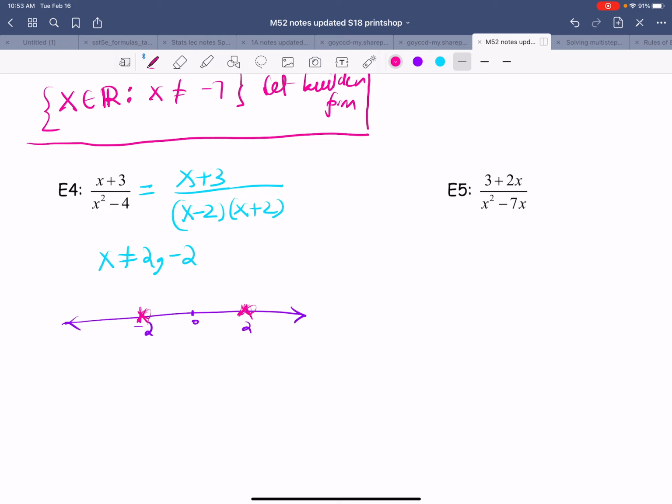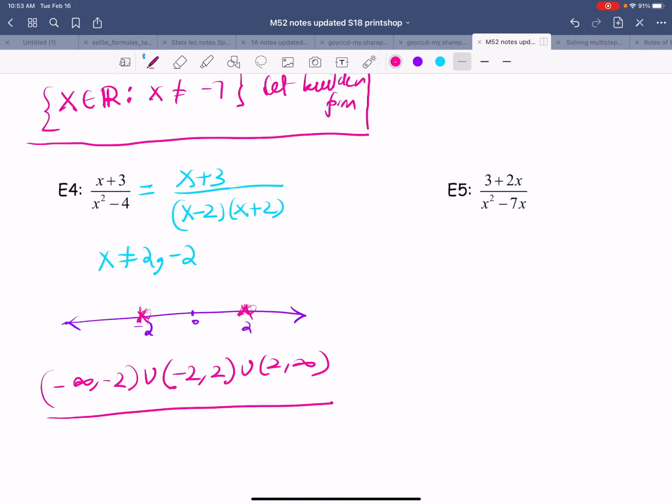So when you write in interval notation, start from the far left, take a break at negative 2 because we don't want to include negative 2. Go from negative 2 to positive 2. We don't want positive 2 either. And then go from 2 to infinity. So this is going to be your interval notation for the domain in this case. We are excluding negative 2 and positive 2.